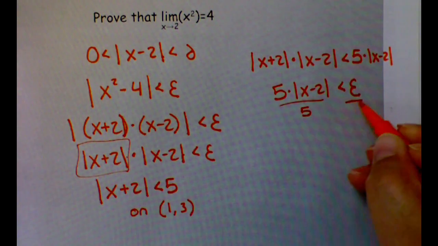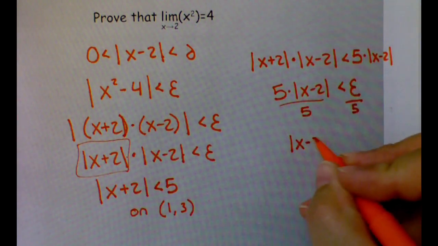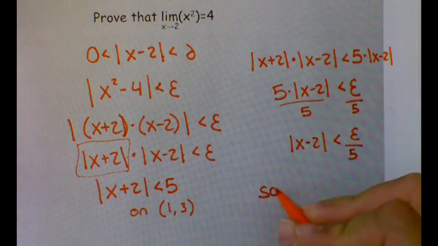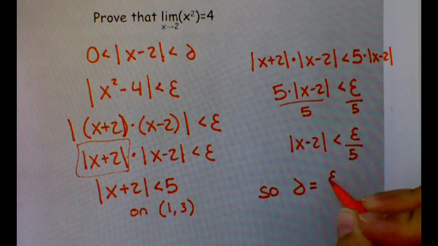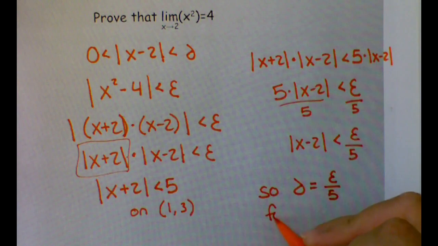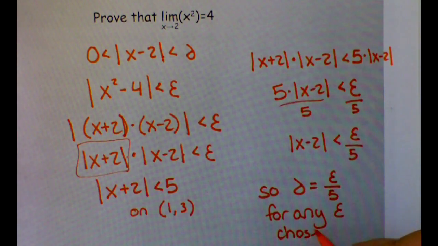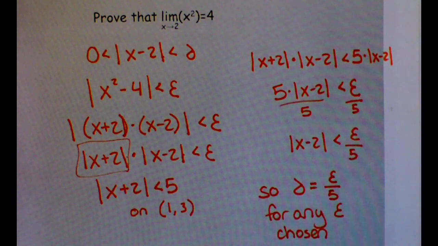So if I divide by 5, the absolute value of x minus 2 is less than epsilon over 5. So I could make my delta equal epsilon over 5 for any epsilon chosen. And as long as I can write that relationship between delta and epsilon, I have proven it.